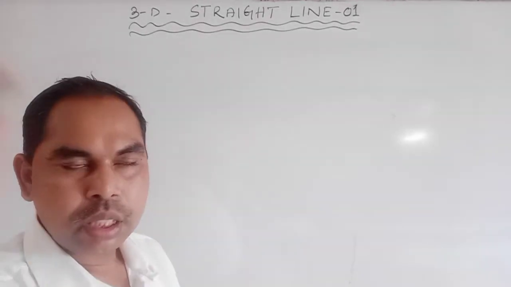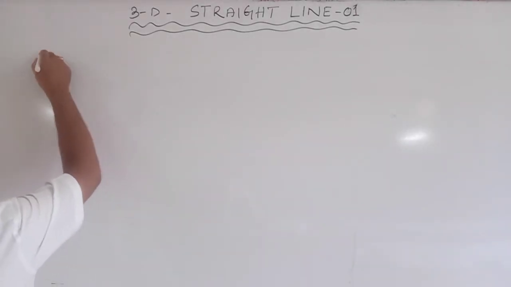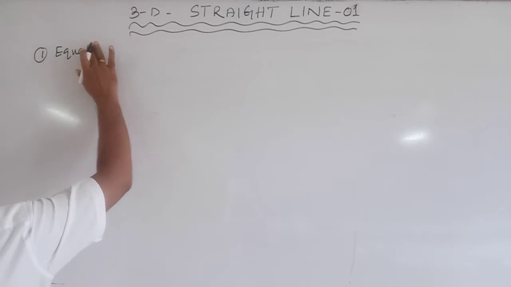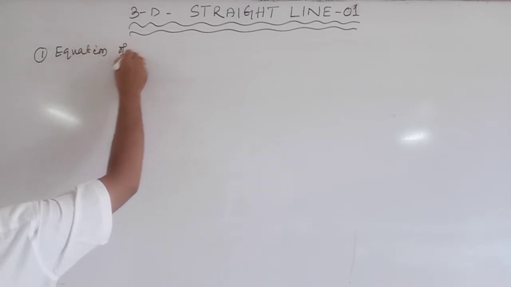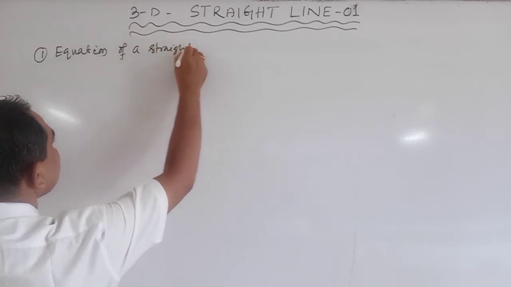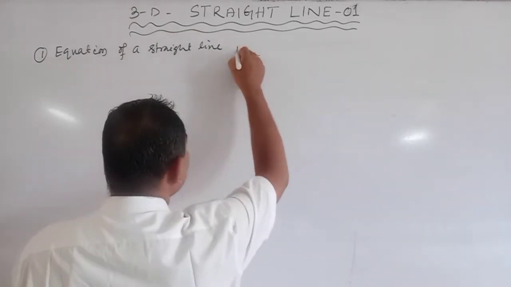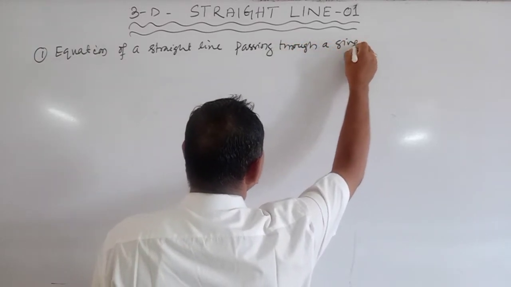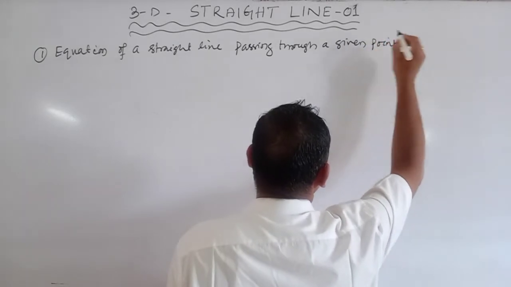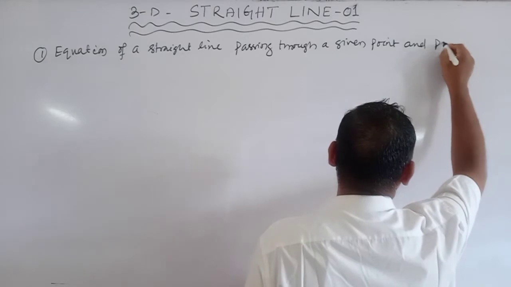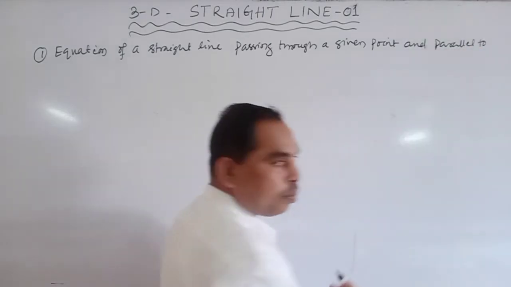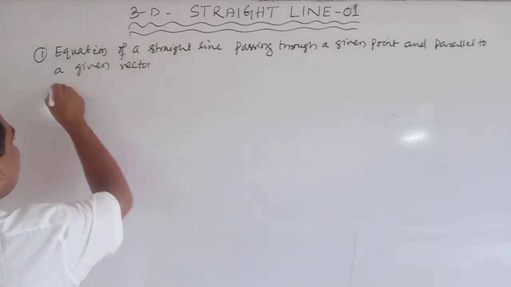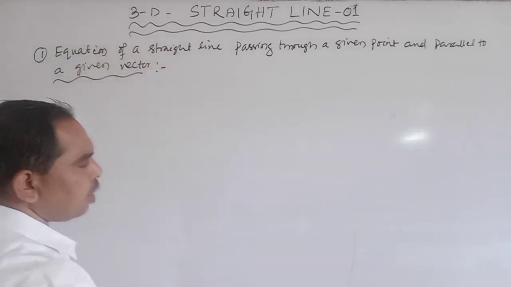Okay, so first, the equation of a straight line passing through a given point and parallel to a given vector.